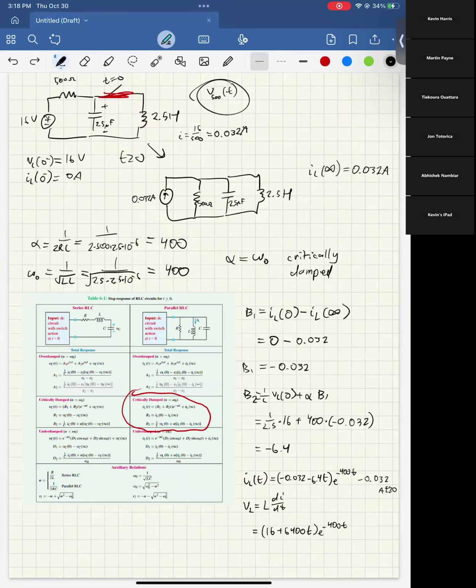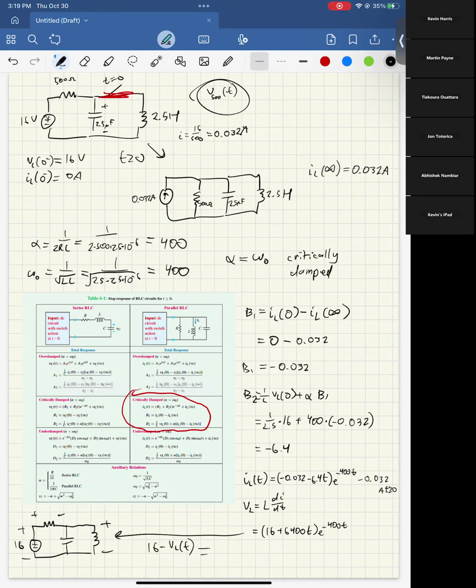So now we go back to our original circuit. It looks like this. And for time greater than zero, the inductor is connected directly. And we know that this voltage here is that, right? So then the voltage across this is going to be 16 minus VL of t.